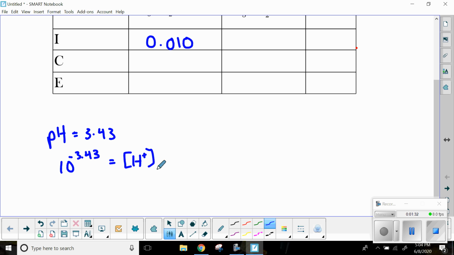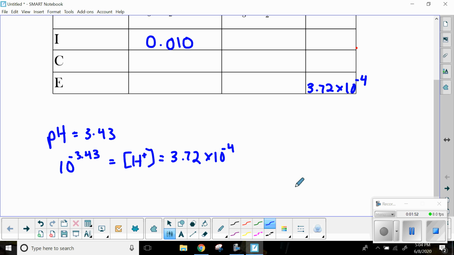And when I put that into my calculator, I find that my concentration of hydrogens is 3.72 times 10 to the negative fourth. And that's going to be the concentration of hydrogens at equilibrium. 3.72 times 10 to the negative fourth.